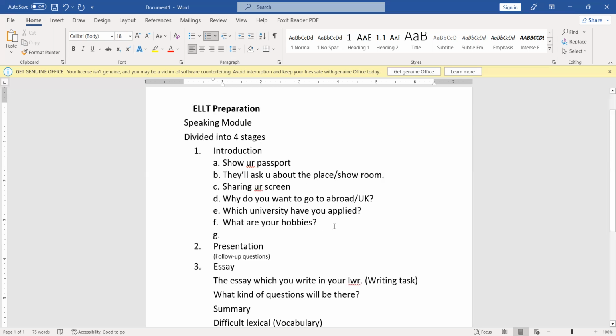And one thing more, in the introduction part, they could also ask you different questions like what are your hobbies, or who is your favorite person? Because multiple questions examiners ask, I have personally experienced these kind of things.